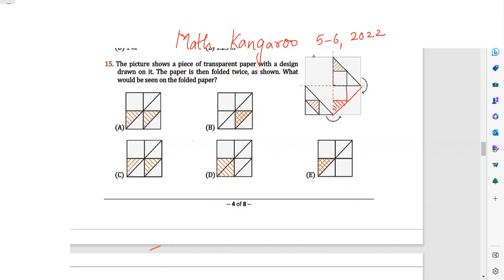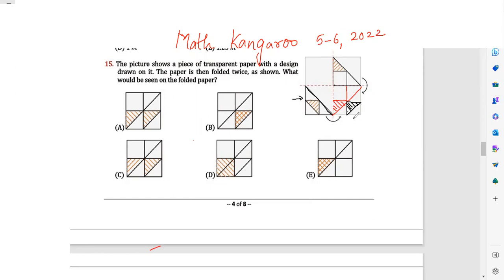Now what happens when you fold this side? This again becomes a mirror image, which will be like this. This image will overlap on this, and I will get a triangle like this.